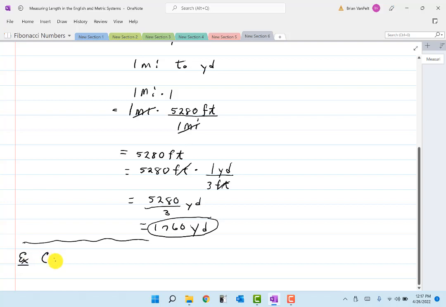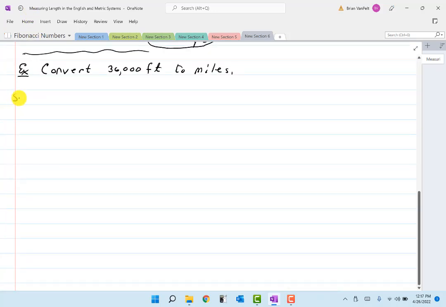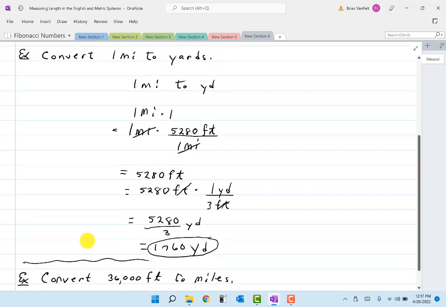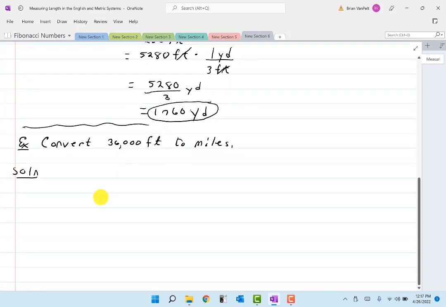For my next example, convert 36,000 feet to miles. So this one, I think we had a direct connection between feet and miles, and that was 5,280 feet was equal to 1 mile.